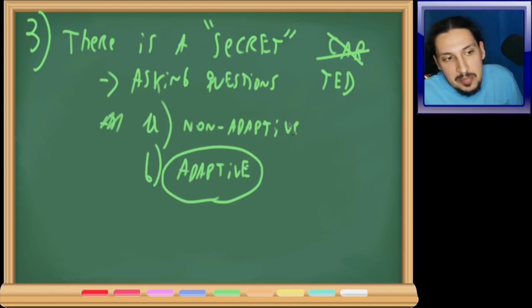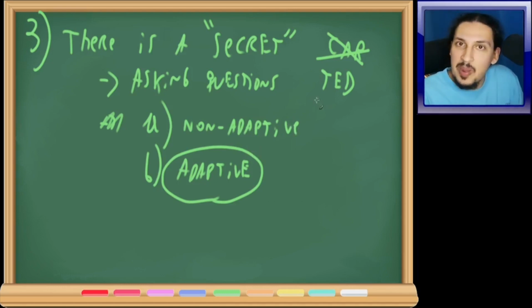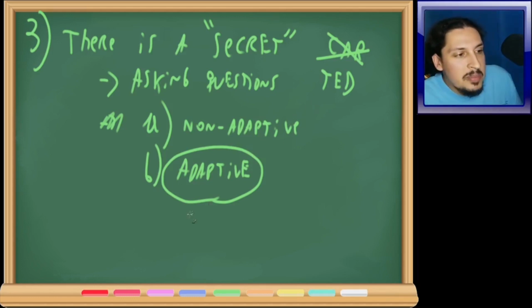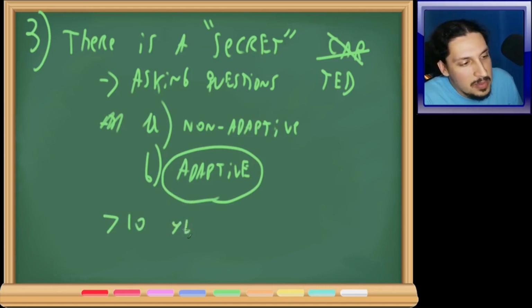But there has to be at least one answer. It cannot lie, so to speak. So, for example, if the secret is just a number, and we are allowed to ask if the number is lower or higher than something, well, we might ask, is it larger than 10? And the judge says yes. Okay. We might ask, is it lower or equal to 10? Well, the judge says no.